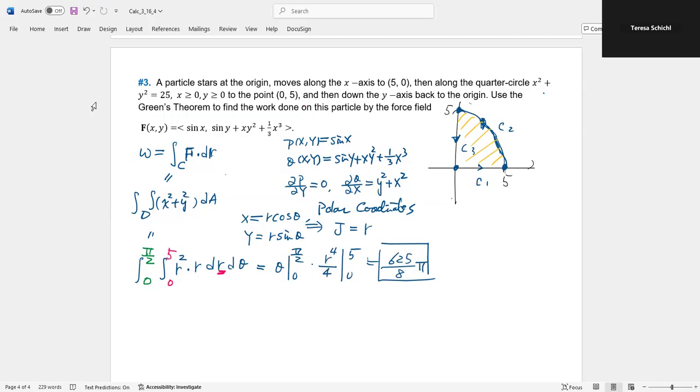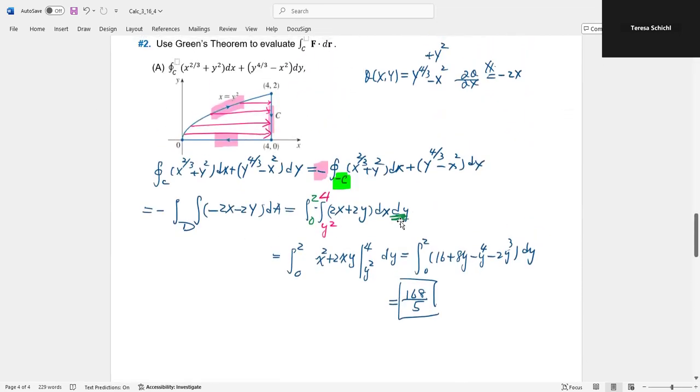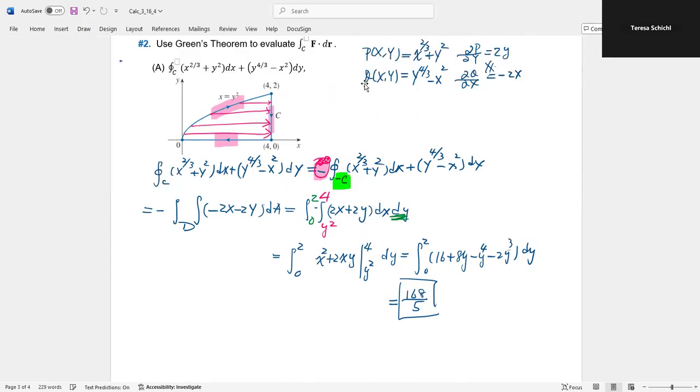The purpose of this video is to make sure that, as in the first problem we did, you are very careful. If your curve is not positively oriented, you need to switch it, and when you switch it, make sure you put a negative sign in front.